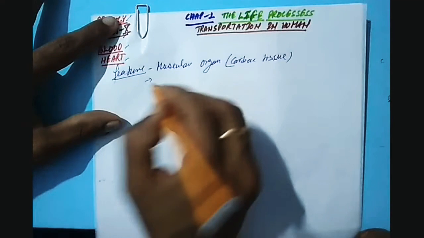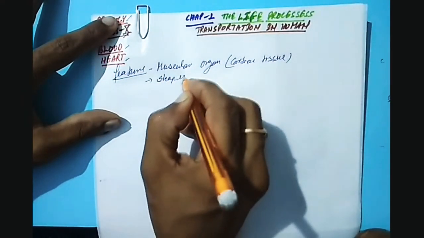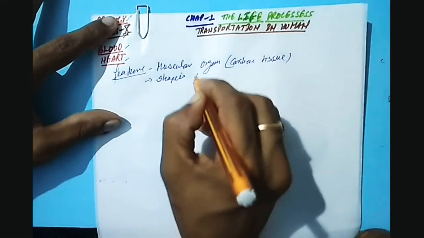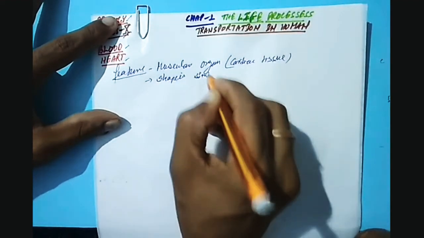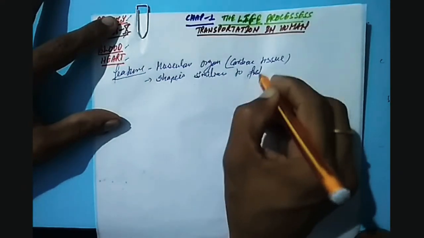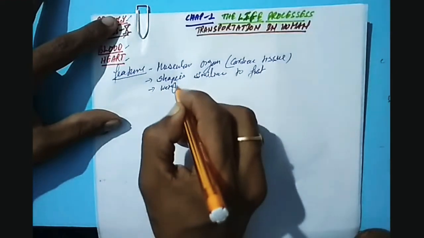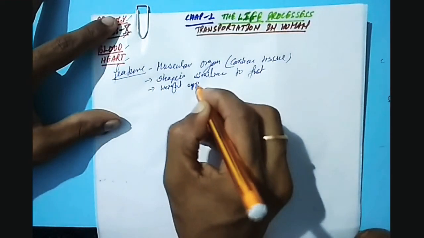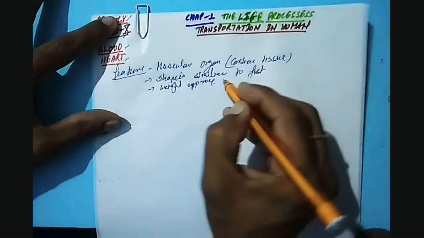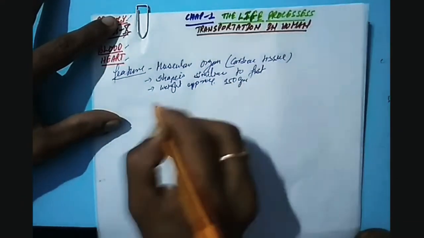Its shape is similar to a human fist. Its weight in a healthy human is approximately about 350 gram.